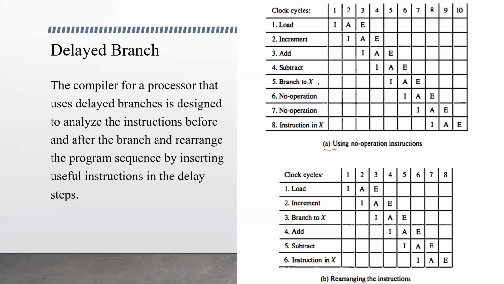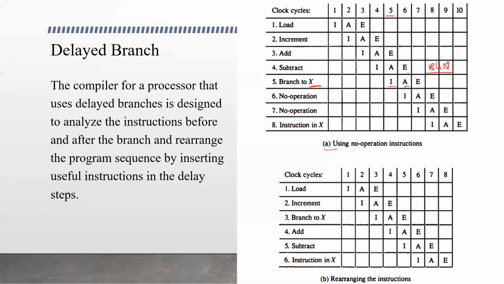Our focus is on the branch instruction, branch to X. The instruction is fetched during the 5th clock cycle, and during the 6th clock cycle it is decoded and understood to be a branch. Let's consider that it is an unconditional branch, the instruction BUN, so branching has to be done anyway.